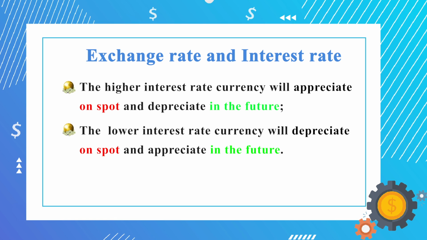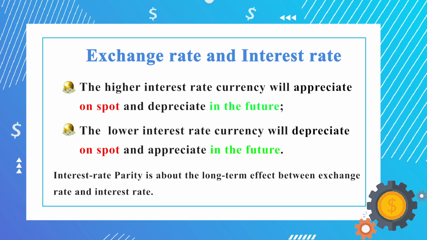Here, on spot in red means short-term effect, while in the future in green means long-term effect. Interest rate parity is about the long-term effect between exchange rate and interest rate.